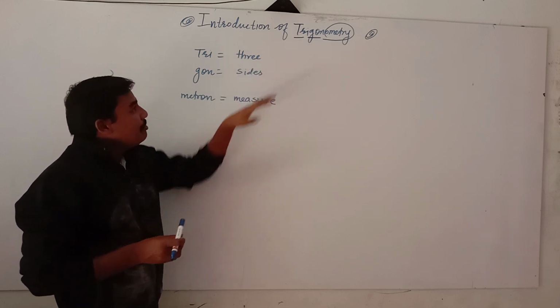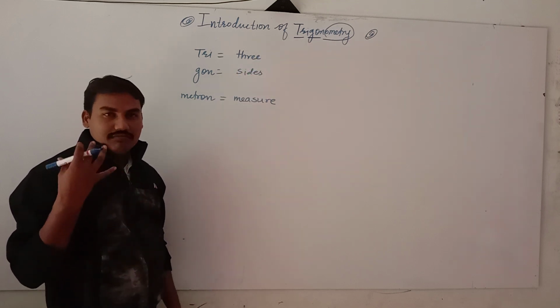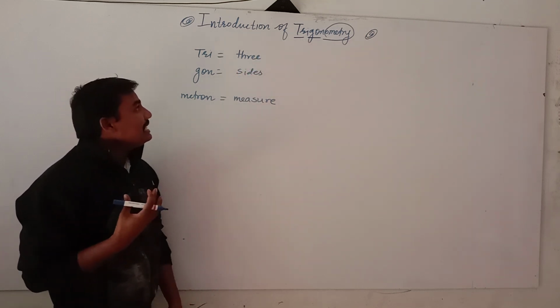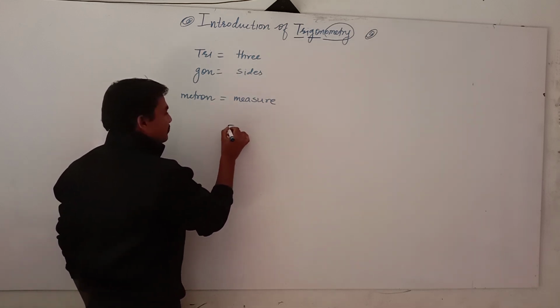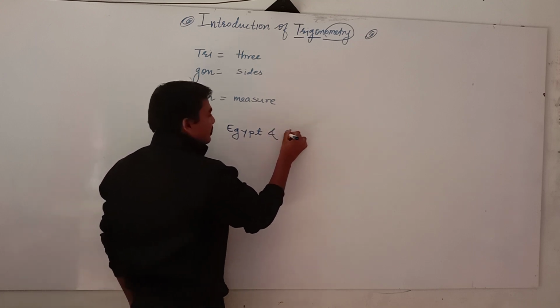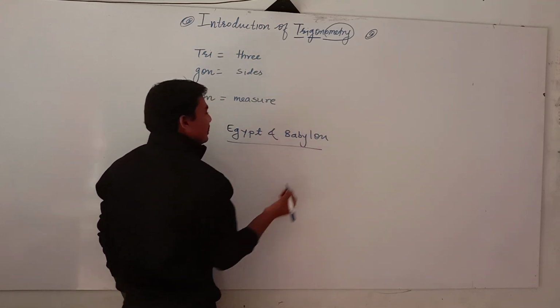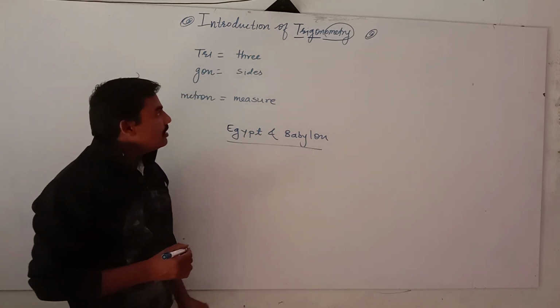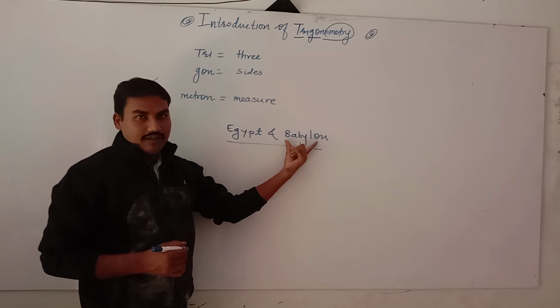The earliest records of trigonometry are in Egypt and Babylon. In these countries, in the earliest years, trigonometry was used.